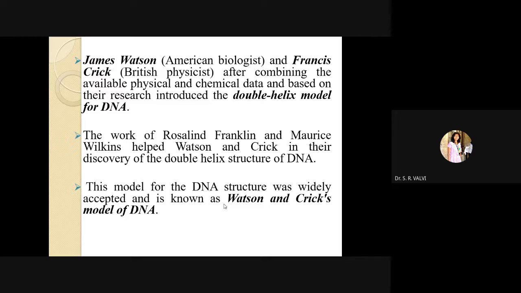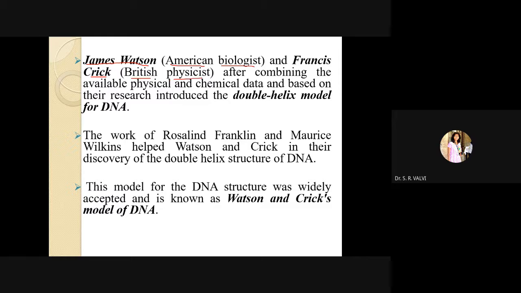So now see here, why was the name Watson and Crick given to the DNA, right? James Watson was an American biologist, and Francis Crick was a British physicist.